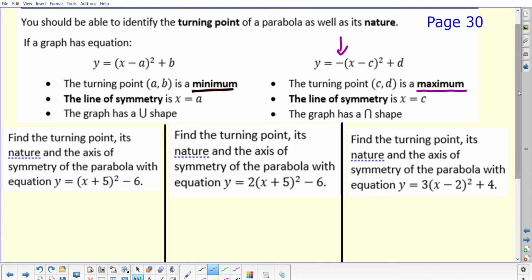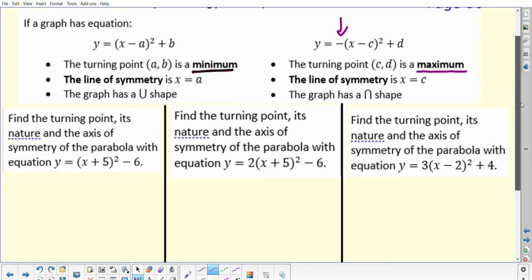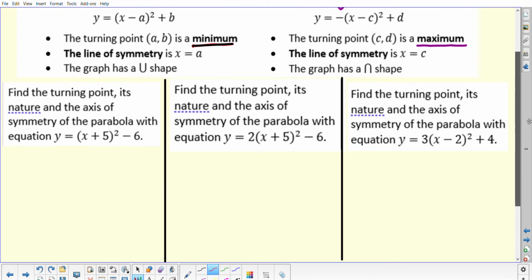If I ask you about the nature, we're talking about the minimum turning point. So what else do we need to know? We need to be able to write down the turning point, we need to know the line of symmetry or the axis of symmetry, and we need to know the shape of the graph. That's what I would call the smiley shape. If you're a positive x squared, you're a positive person, nice smiley face, so the U shape is the other thing to remember.